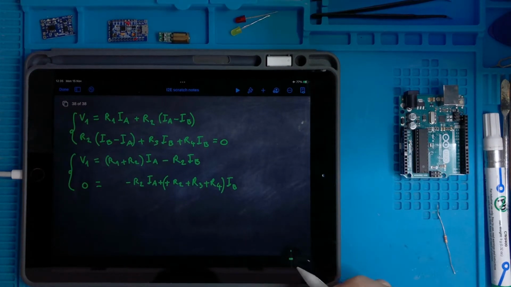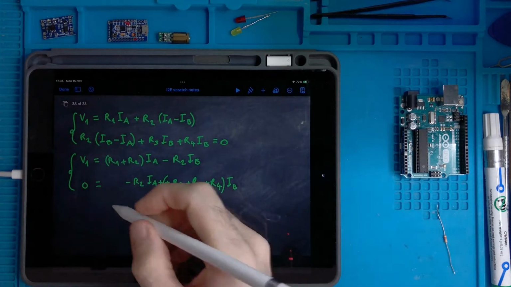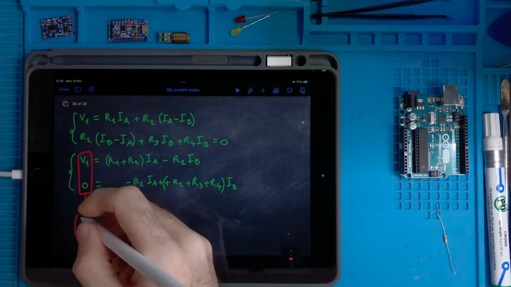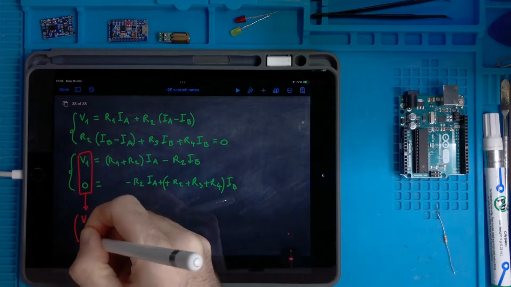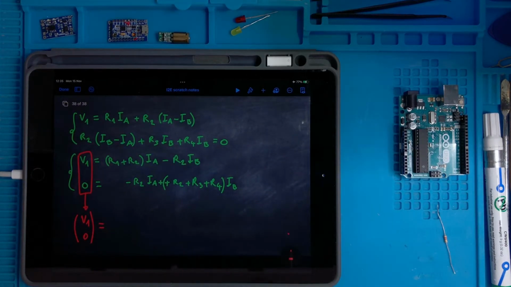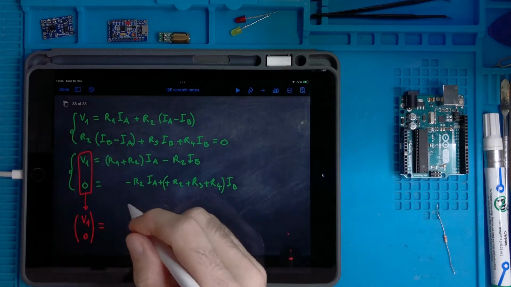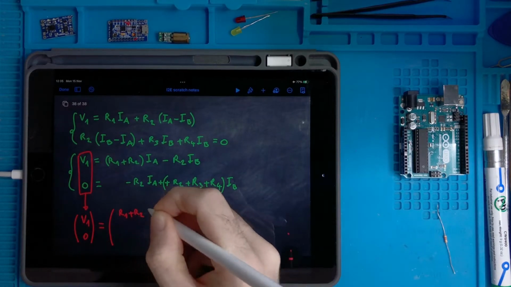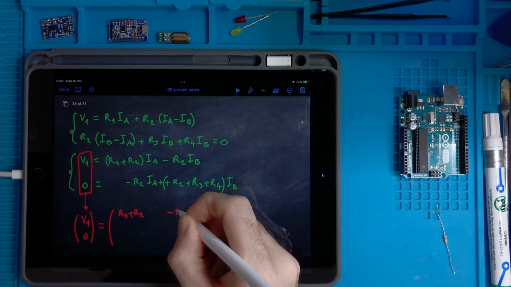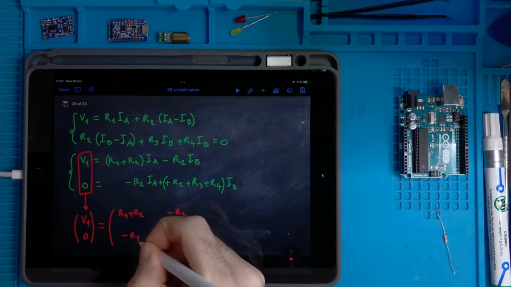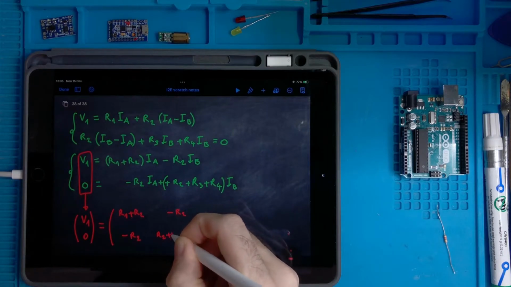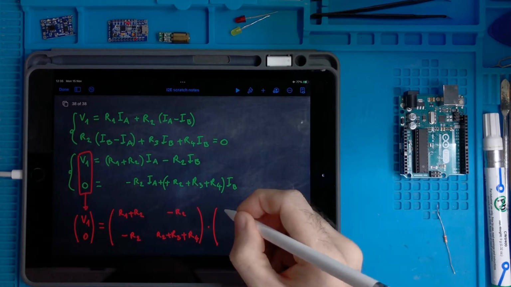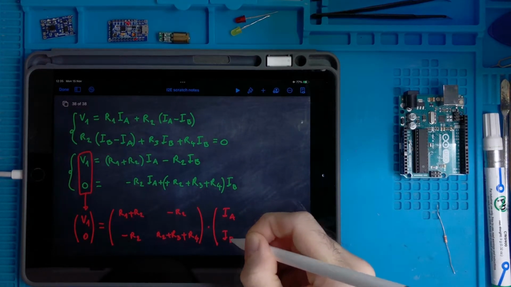This way I can realize that this is a vector of voltages, V1 and 0, and here I have the matrix R1 plus R2, minus R2, minus R2, R2 plus R3 plus R4, matrix multiplied by the vector IA and IB.